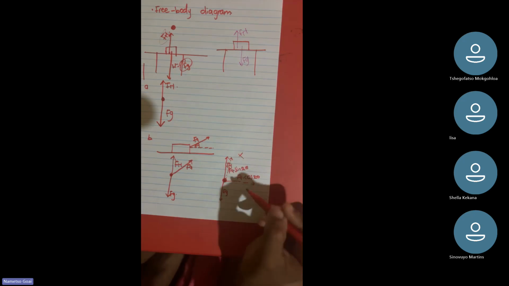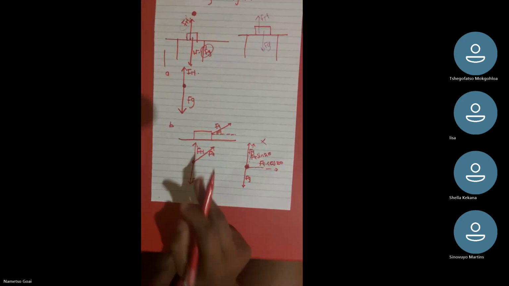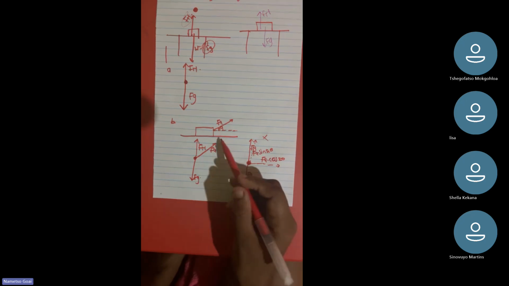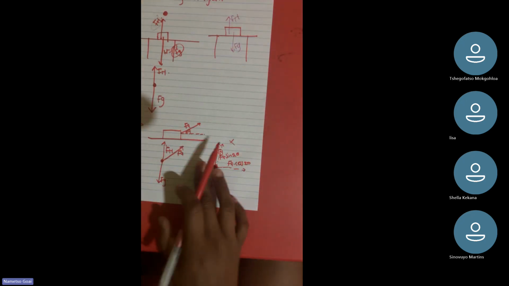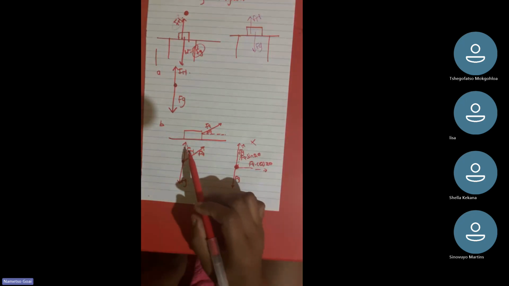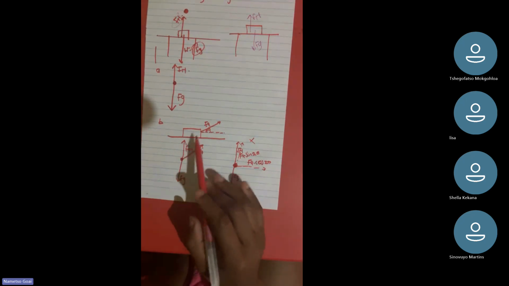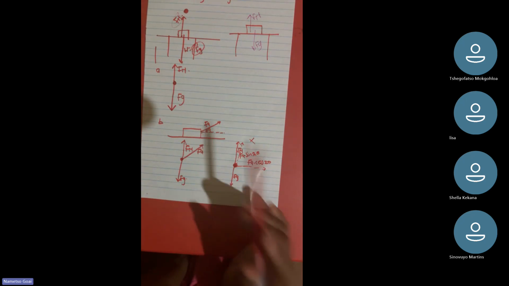When you draw a free body diagram, don't do this. Just put it like this. Put this Fa as one thing. Don't try and break it down into its components. So you see how your free body diagram would look if you had an applied force.